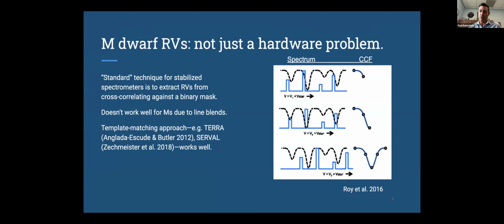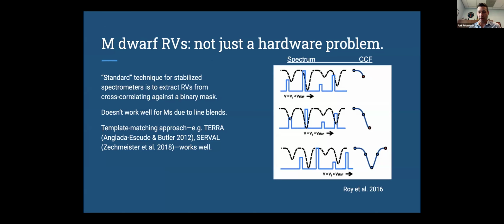Once you have a fantastic spectrometer, it's not all hardware, and extracting good RVs from these instruments can be a challenge. The standard technique that you'll see in a lot of built-in pipelines that observatories host, where you just download your RVs the morning after the data are taken, uses the cross correlation technique to produce RVs, and that's what I'm showing here.